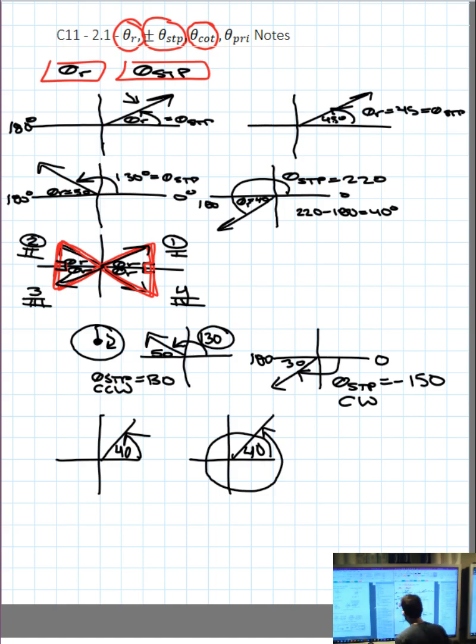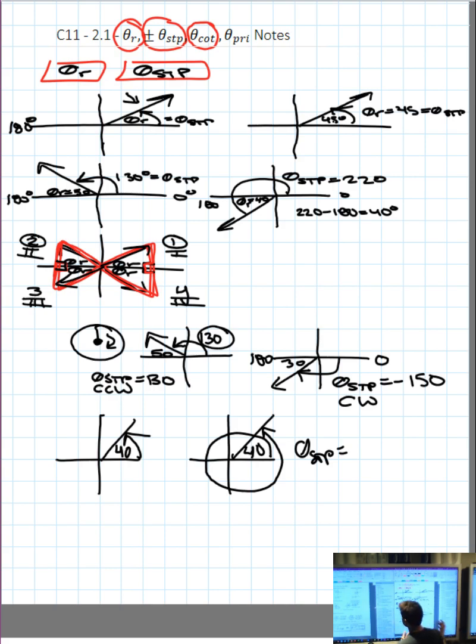Well, we know that we were already at 40. Then we do a whole circle, which is 360 degrees, so we can simply say theta STP is 360 plus 40. Keep in mind, you can do some crazy, difficult addition or subtraction or writing down formulas, but logic is going to be your best friend.